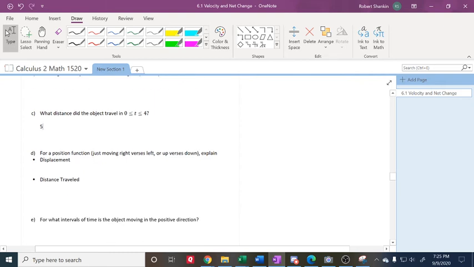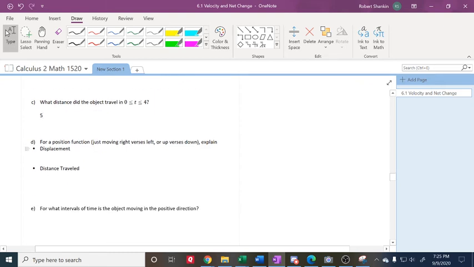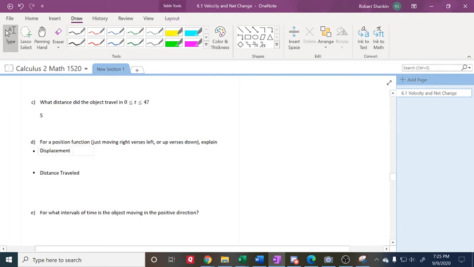All right. And Alma, what do you have for explaining displacement and explaining distance traveled? So displacement is the change in position, so the difference between the endpoints. Okay, we'll say final position subtract initial position, which is change in position.